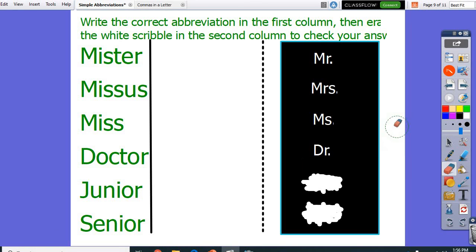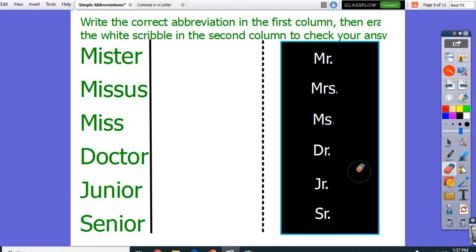Yep. Dr., just like drive. Ooh, and remember, sometimes people are called junior or senior. Like if you have the exact same name as your mom or your dad, the kid would be a junior and the mom or dad would be a senior. And if you're a junior, you can abbreviate it by just Jr. And if you're the senior, you can abbreviate it with Sr.